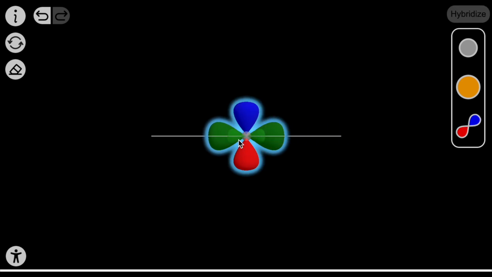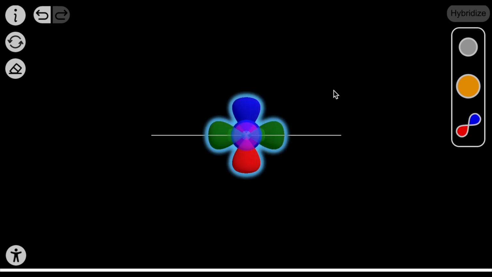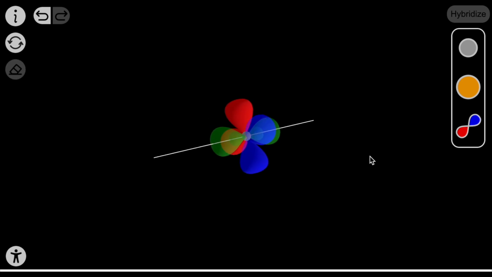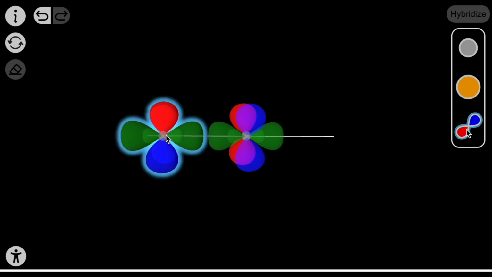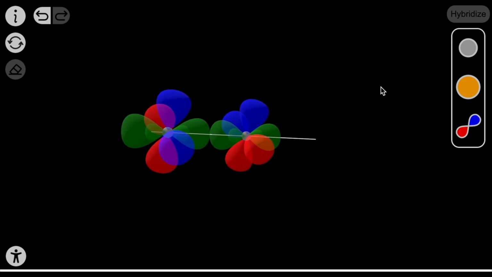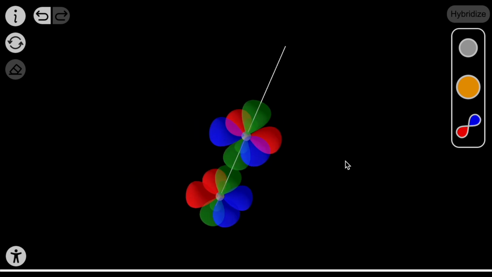Then I'm going to go ahead and add those remaining p electrons. I'm going to add a second atom. This one is also going to be sp hybridized. Now let's see what happens when I bond these 2 sp hybridized atoms.